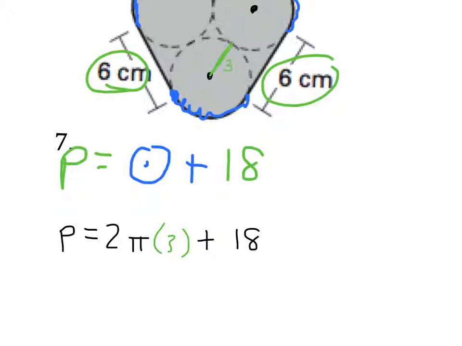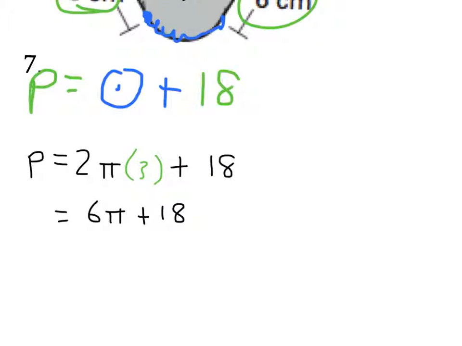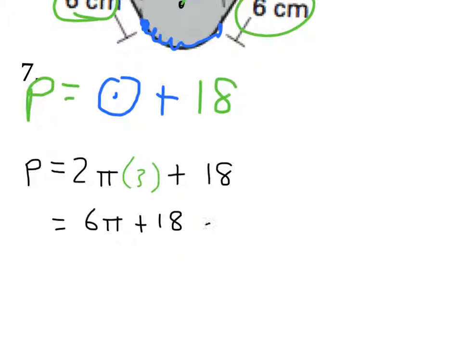My exact answer is 6 pi plus 18 centimeters. And then we can just calculate out, 36.85 centimeters approximately.